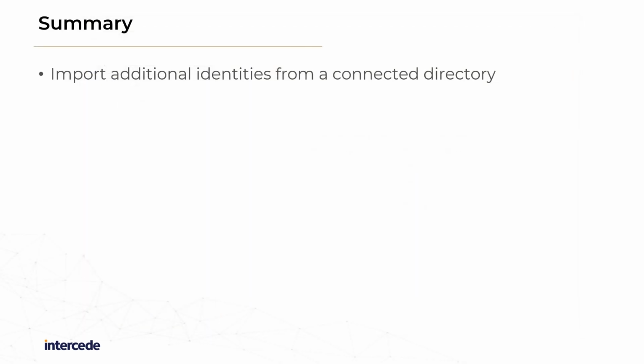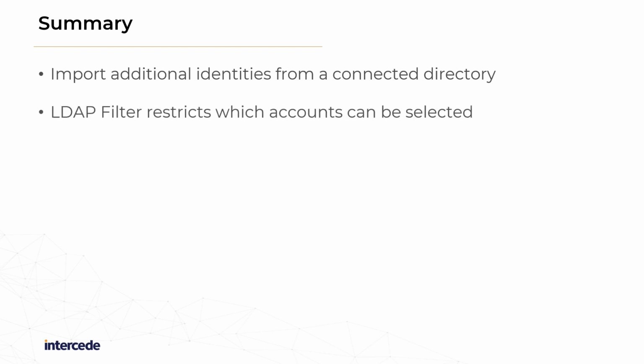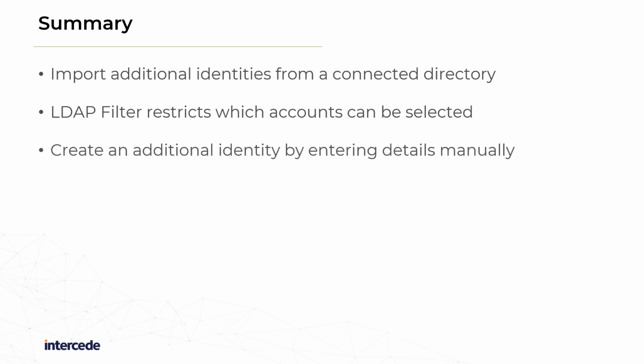To summarize what we have seen in this video, you can import additional identities for privileged user accounts from a directory connected to MyID. LDAP filters can restrict which accounts can be selected as additional identities. You can create an additional identity by entering data in the user interface or MyID Core API for environments where MyID does not have a direct connection.